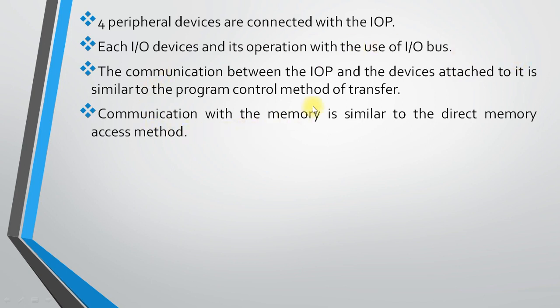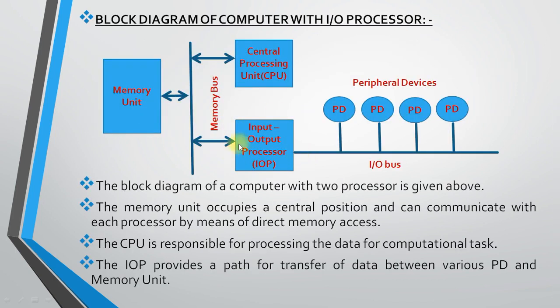The communication with memory is similar to direct memory access. When you want to communicate with the memory, over here we can see that the IOP is directly connected with the memory unit with the help of the memory bus.